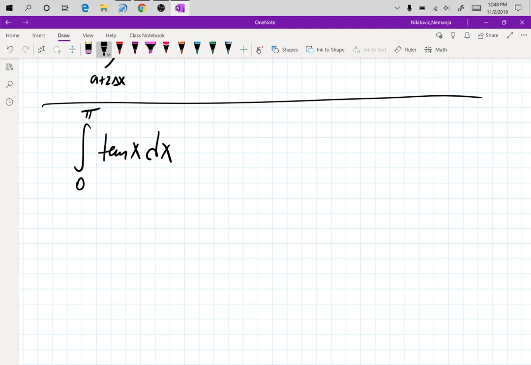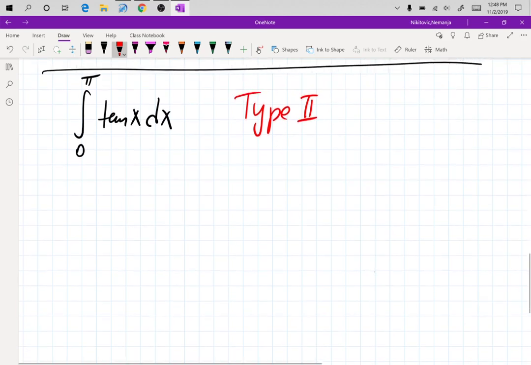So this is a hot type 2 spicy improper integral because the issue point, pi over 2, is buried inside.